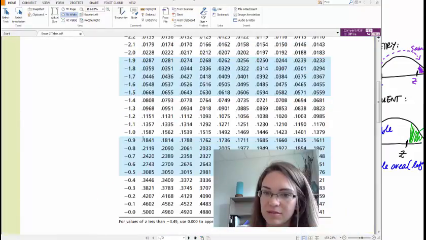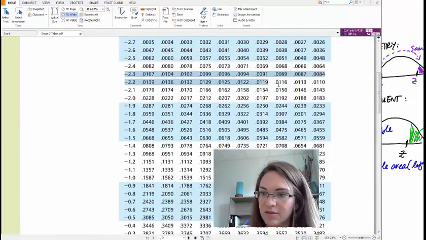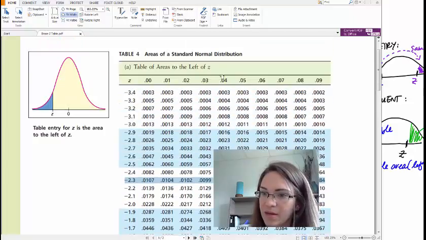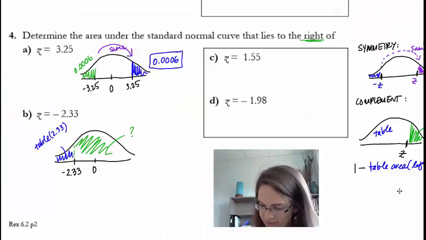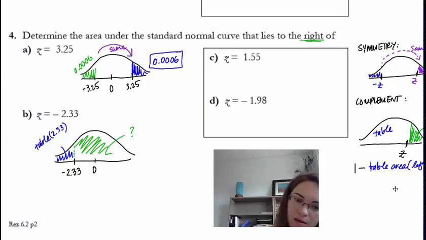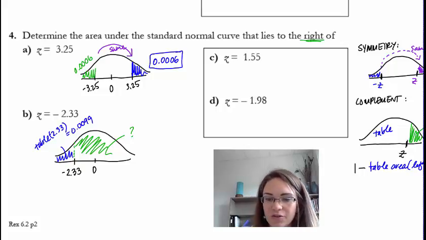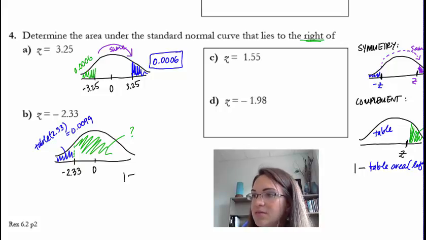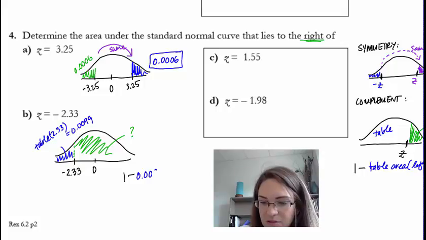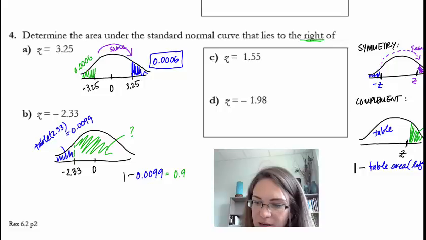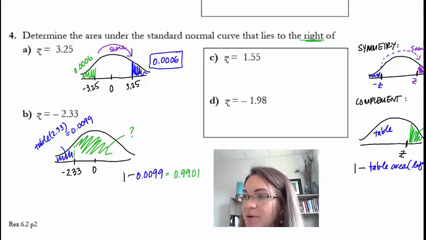Negative 2.3, so I'm on this row. And 3 is my hundredths place, so I have 0.0099. So the leftover, the green area, will be 1 minus the blue area from the table, 0.0099, for an area of 0.9901. That must be the area to the right, by the complement rule.